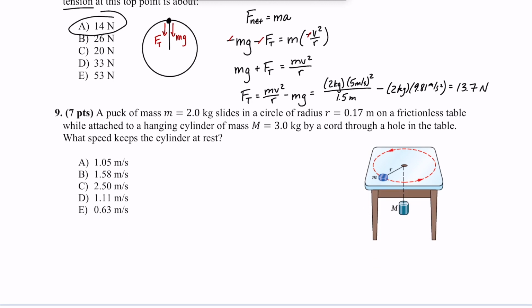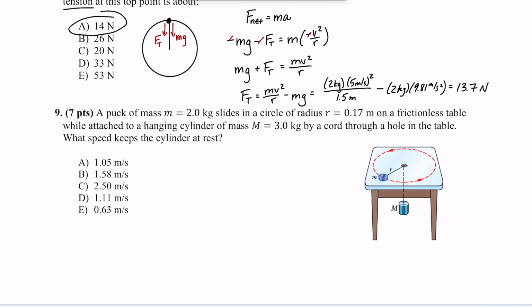In this next problem, we have a hockey puck that's spinning around in a circle, attached to a string, and that string is attached to a mass, and that mass is hanging there stationary. And the question is, what speed does the puck have to move so that the cylinder remains at rest? To solve this problem, we'll need to apply Newton's second law to both of the objects.